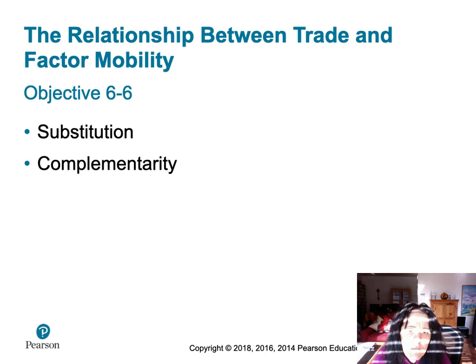Okay? So among all the theories, as you can appreciate, the factor mobility theory is indeed the most dynamic theory that tries to link foreign trade with international and domestic factor mobility.